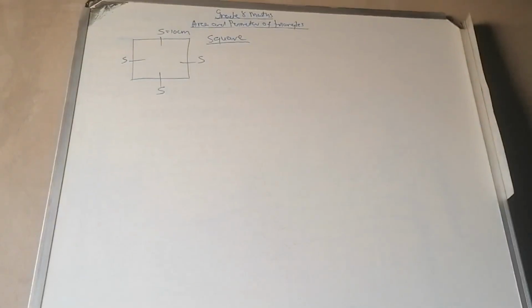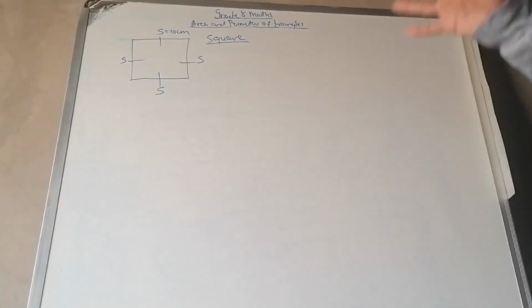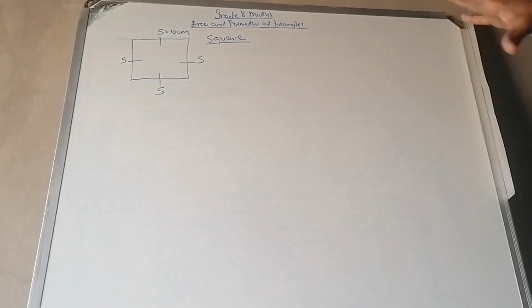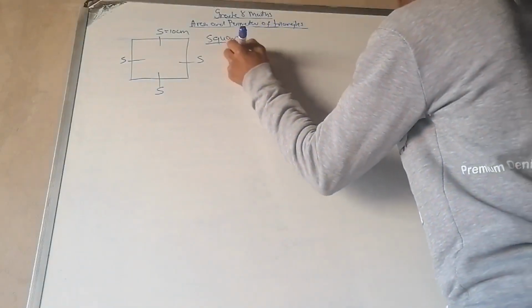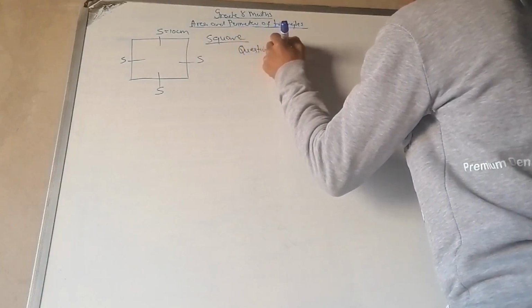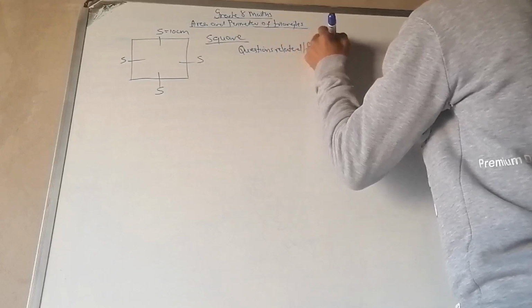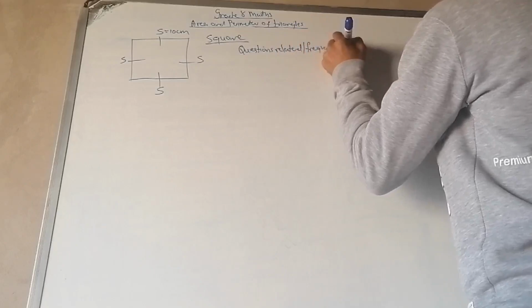Okay? And then the normal questions that are asked pertaining to a square are questions about perimeter and area. Questions related or frequently asked.